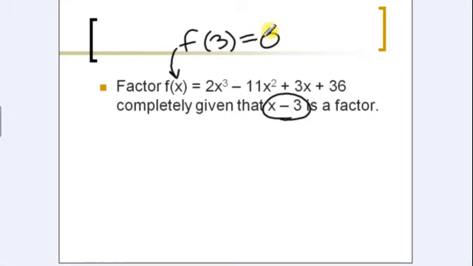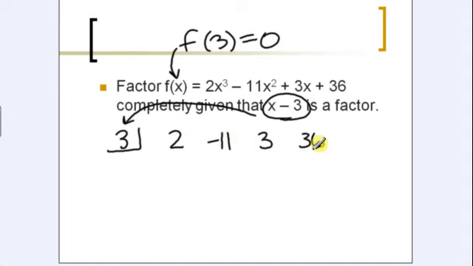Now, my goal though is to factor this, so I'm going to use synthetic division, divide 3, which again I got from here, into the 2x cubed minus 11x squared plus 3x plus 36. Be careful to plug in zeros as needed.